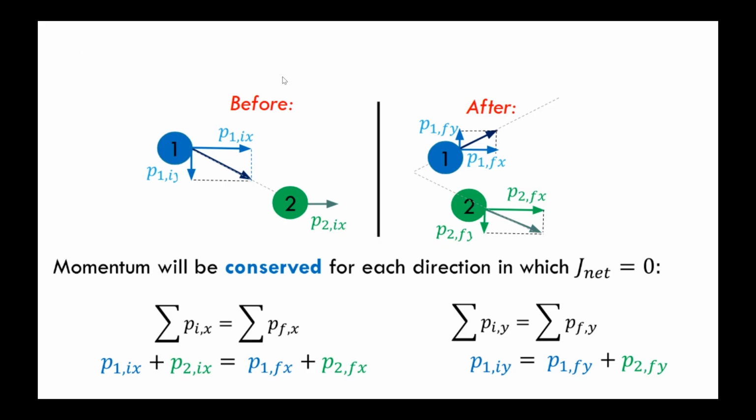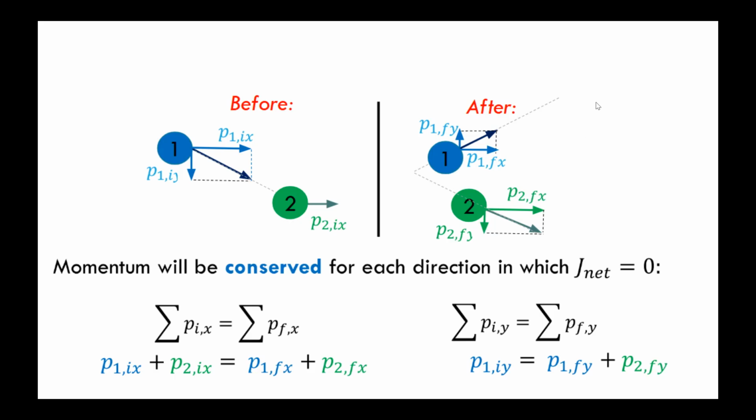So if you look at the situation here, we have a ball that is moving in this direction, right? That arrow right here indicates the momentum direction, which is the same as the velocity direction. So I know that this object's moving in this direction. And it's moving towards a green ball, which is moving to the right, right? So we can figure out from this after image that the blue ball hits the green ball, and now they move off in different directions.